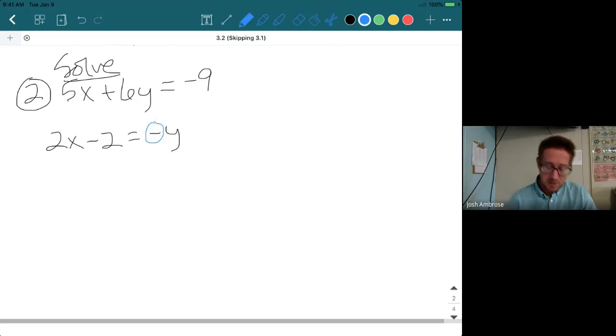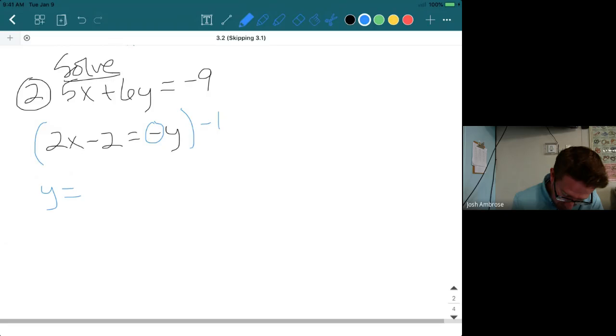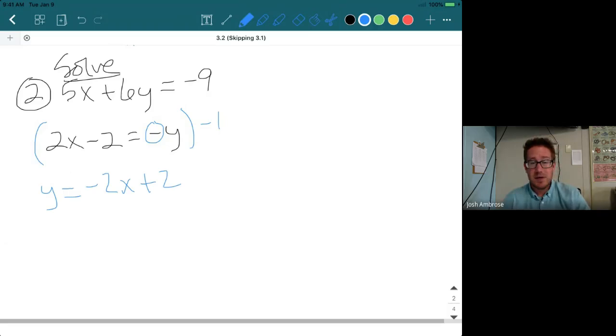Or essentially, if we were to take this whole thing and multiply it by a -1, every single sign would change. But most importantly, we care about y changing to a positive. So now what we would have is y equals -2x plus 2. So you notice how every single sign is now just the opposite of what was given.